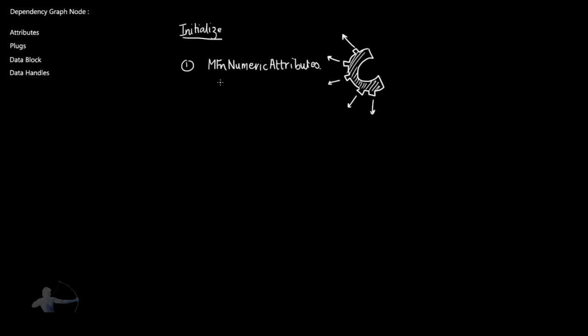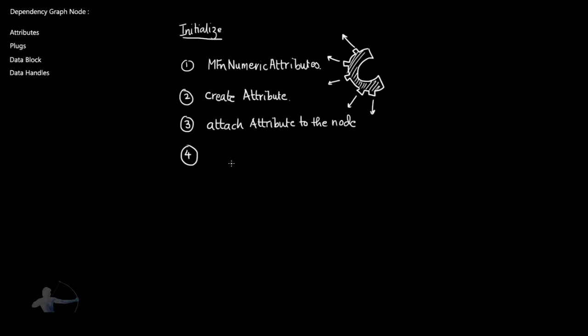So first, we need a function set for numeric attributes. Secondly, we are going to create attributes, using the function set to create numeric attributes. Third thing is we attach the newly created attribute to the node. And the fourth step is to design a circuitry inside the node.